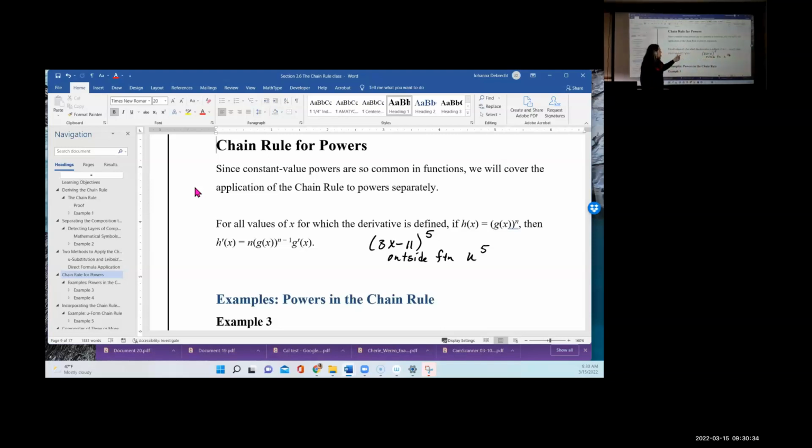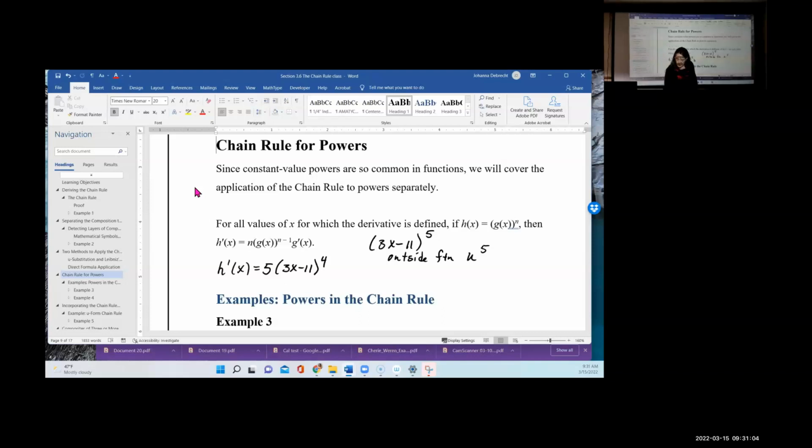Then the rule just becomes pull the power to the front, freeze the inside, reduce the power by 1, and multiply by the derivative. So the rule here would become for h prime of x, we would get 5. We would freeze the inside at 3x minus 11, raise that to the 4th, because this is the power rule. Pull the power to the front, reduce the power by 1, freeze the inside.